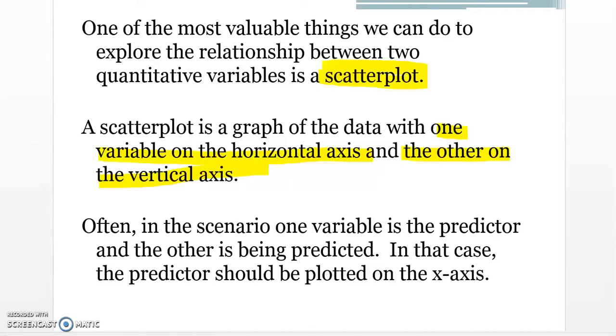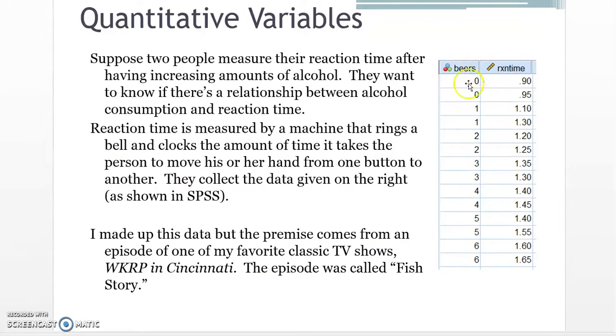One can be called independent and one dependent, or sometimes one variable is the predictor and the other one is being predicted. In our case, I would think the number of beers would be independent and the reaction time will be dependent on the number of beers.